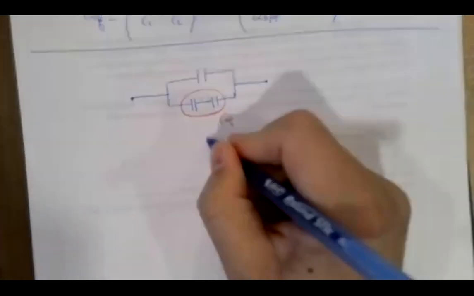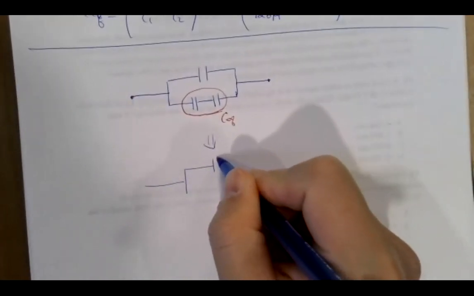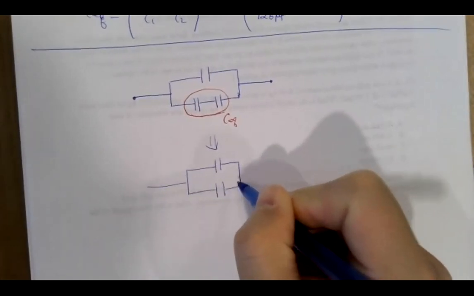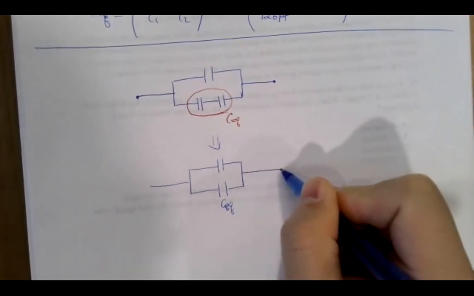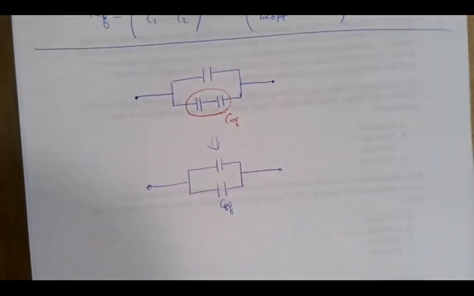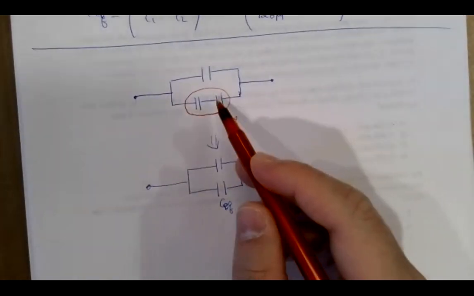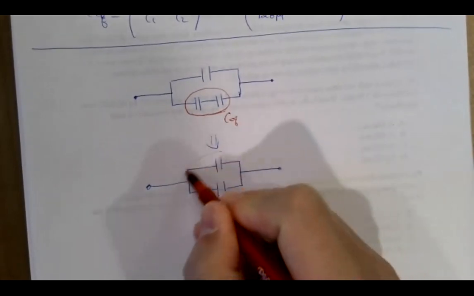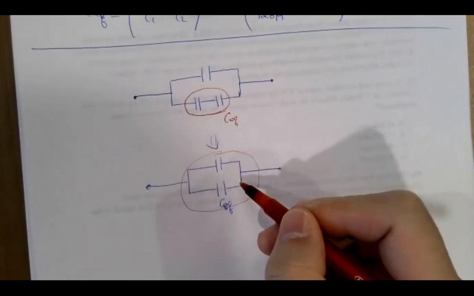So then this becomes something like this, with the original one on top, but this time you'll have just one capacitor at the bottom as the equivalent capacitor. Then these 2 are now purely in parallel to each other.